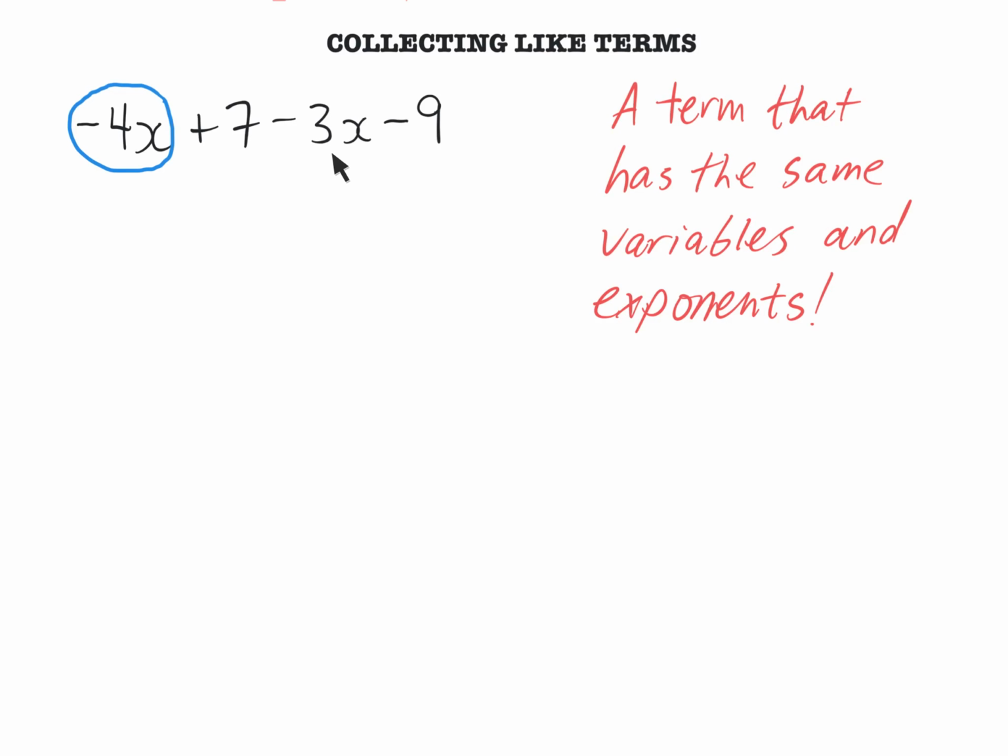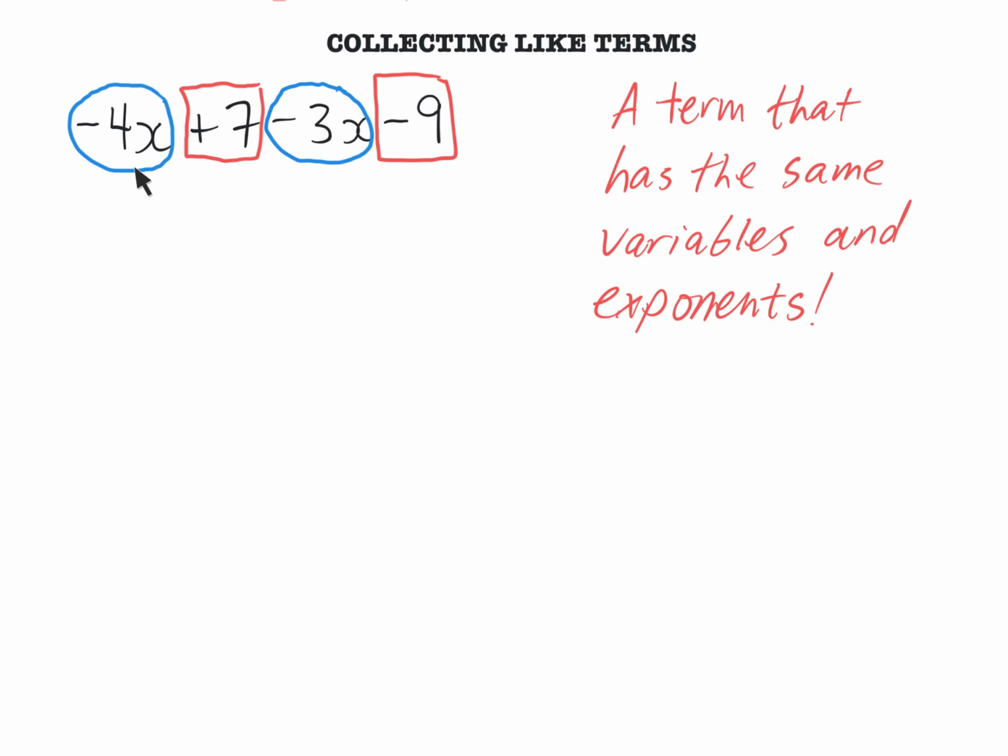Here's another x term, so I'm going to include it and the sign in front of it, circling it in blue. Then we're going to go back and take a look at what's left. Positive 7, negative 9. I'm going to put a red box around those. So now we've separated this expression into its like terms.